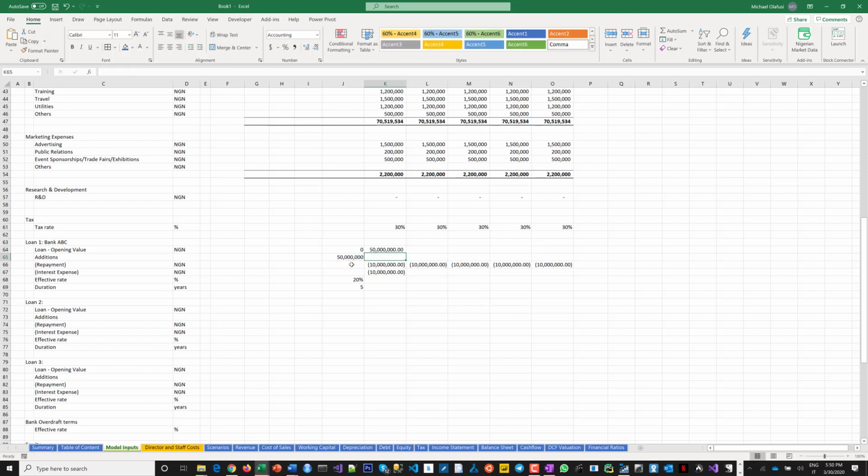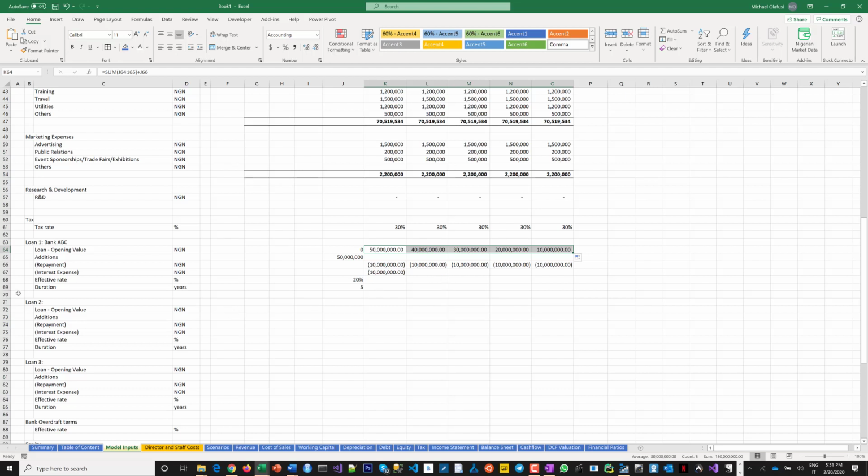That will get you this year's opening value. So this is the opening value of the loan, and then if you drag this, it will compute for, okay, since this is already in minus, I think I have to ensure the signs are correct. Good. Right, so that does that for us.